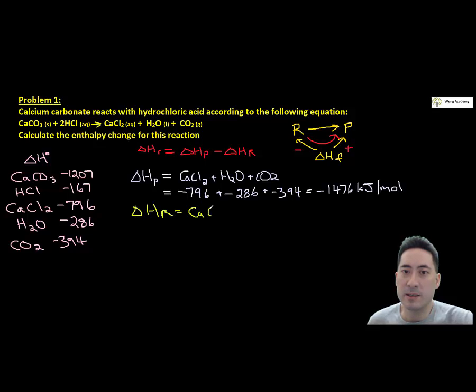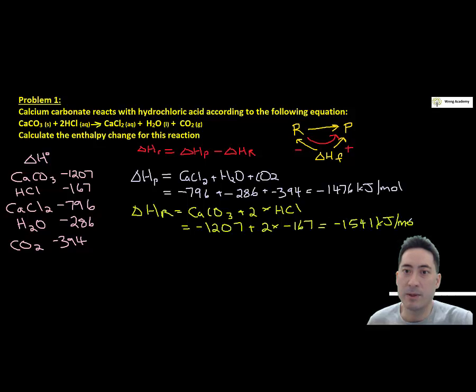Do the same thing for reactants, write them all out. You'll see that we have 2 moles of hydrochloric acid this time, so we have to multiply that enthalpy by 2, and that gives us minus 1,541 kilojoules per mole. So we write the equation out, sub it in, and we get 75 kilojoules per mole.